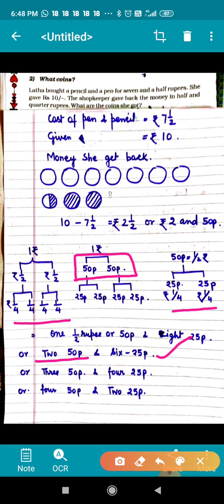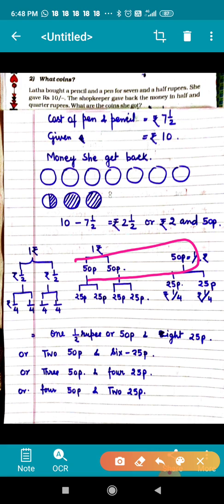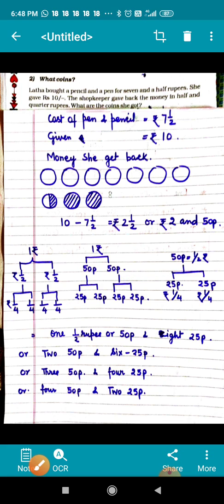Okay, now let us see if he gives 3 50 paisa coins. If he gives 3 50 paisa coins, means this much he is giving. So how many 25 paisa are left? This, it means 3 50 paisa and 4 25 paisa he will return back. Suppose he is giving 4 50 paisa coins, then what will be the combination?